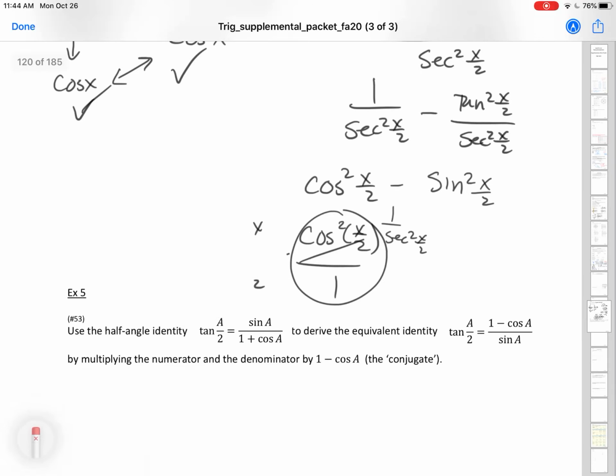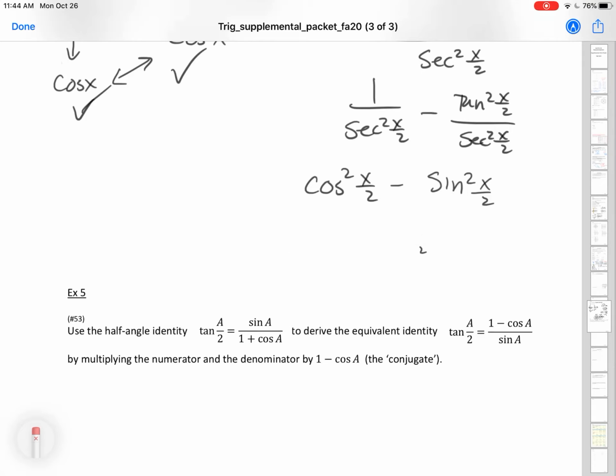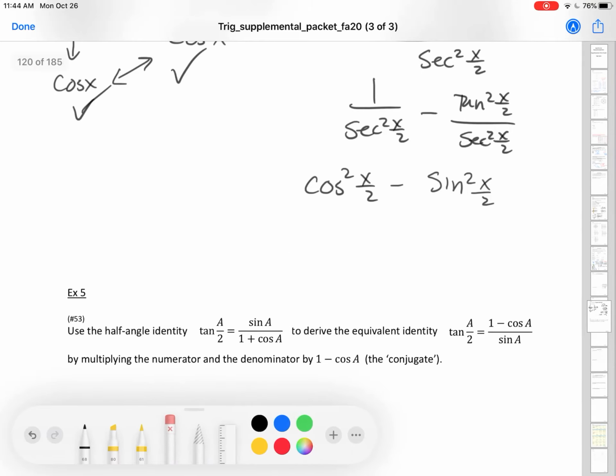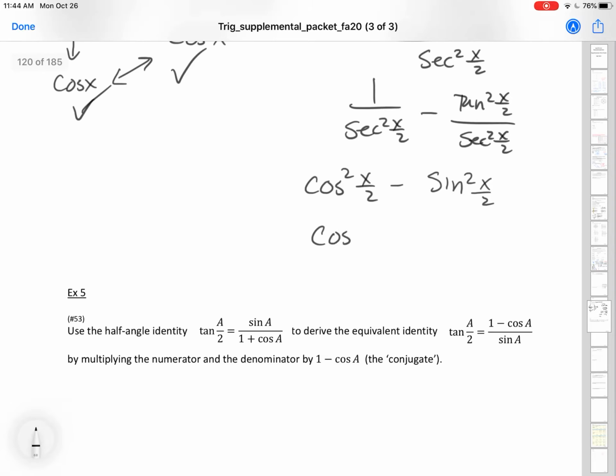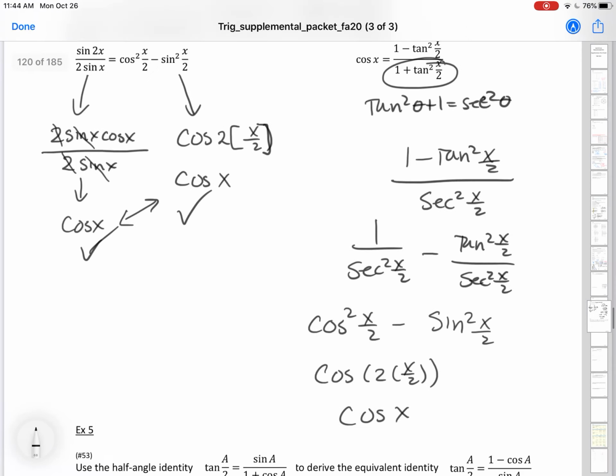Cosine squared minus sine squared is not something arbitrary. If it's the same angle, we know what it is. It's the cosine of 2 times that angle, just like it was a second ago. So this is the cosine of x, which is exactly what we wanted to show, that cosine x was on that other side. So hopefully that made sense.